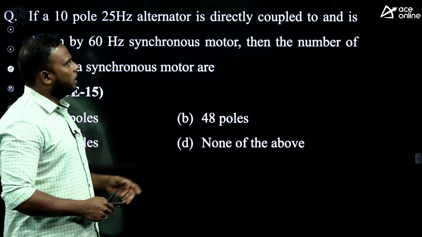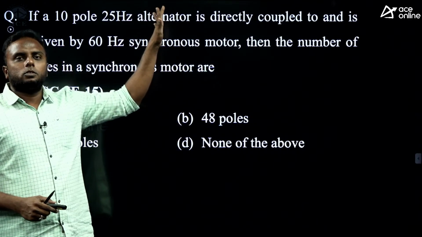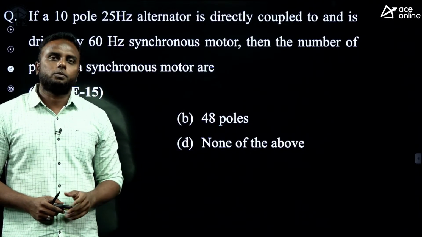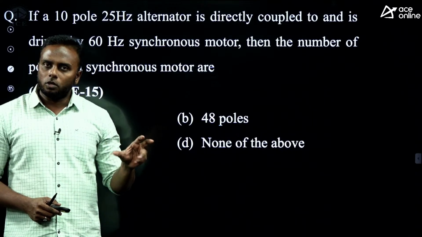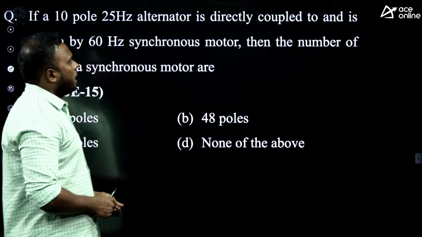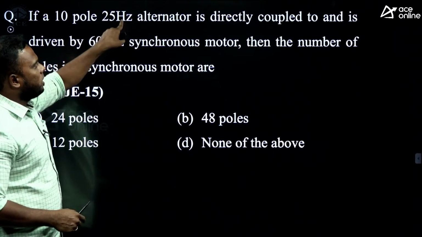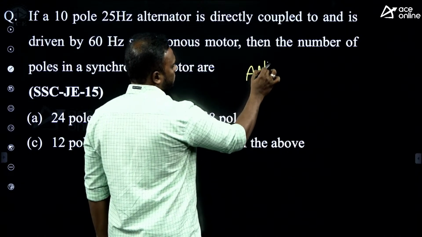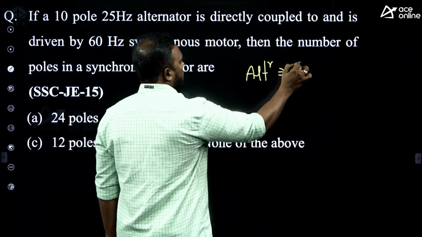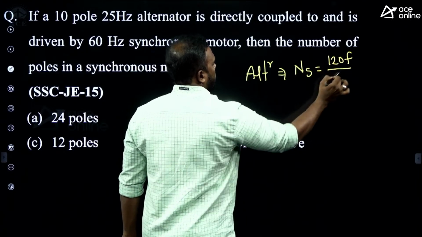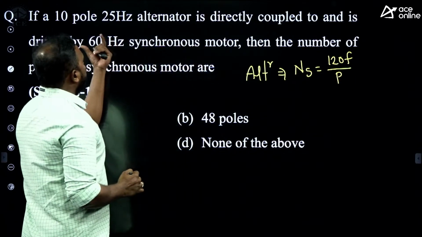Very simple. We know that the alternator should rotate at synchronous speed, and also we know the synchronous motor rotates only at synchronous speed due to magnetic locking condition. Given here is a 10-pole 25 Hz alternator. For the alternator, what is the synchronous speed? Calculate. 120 F divided by P. This is 10-pole 25 Hz.